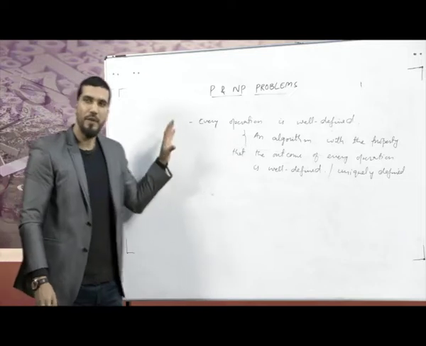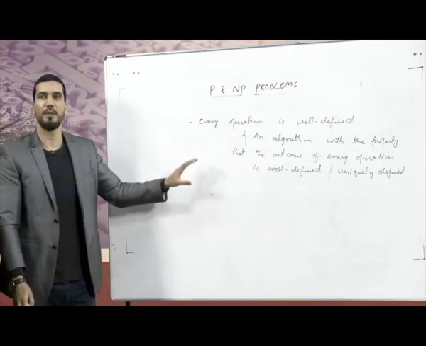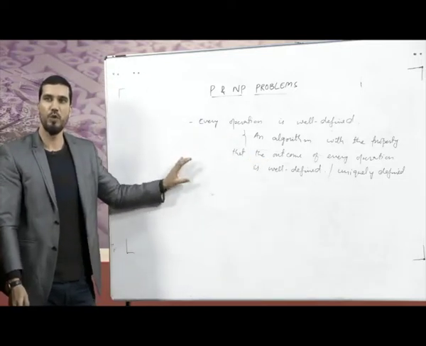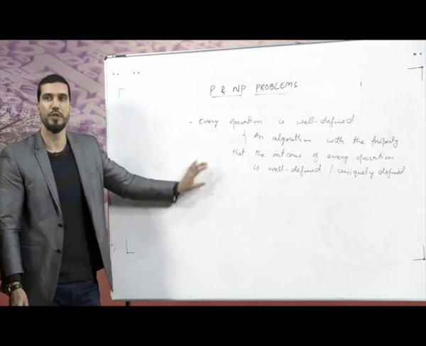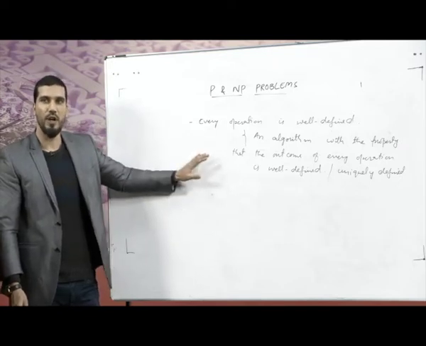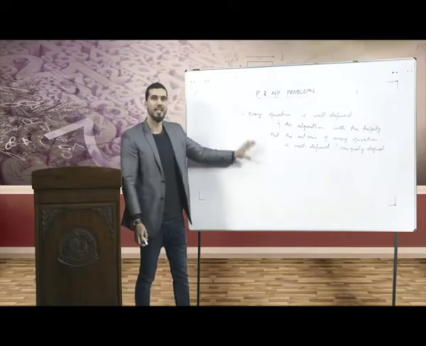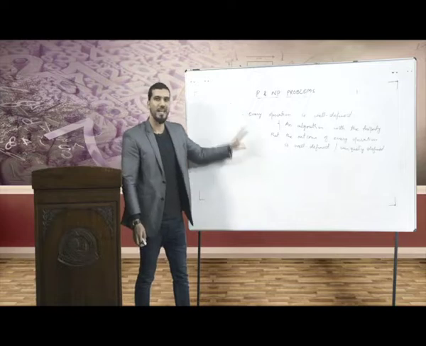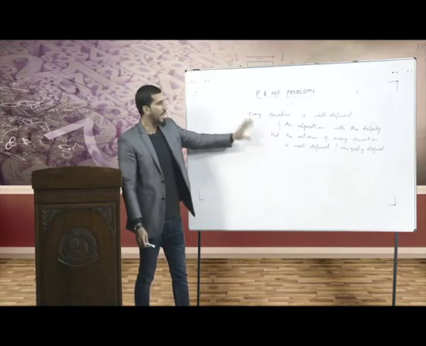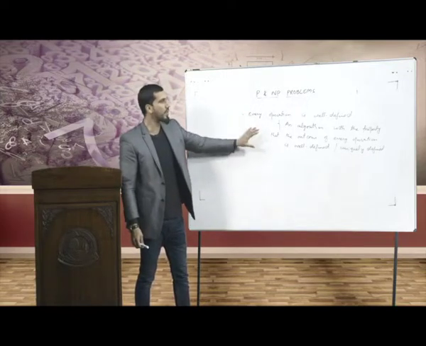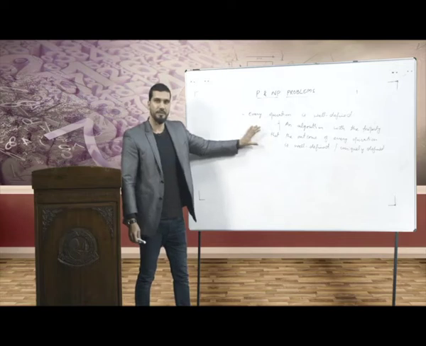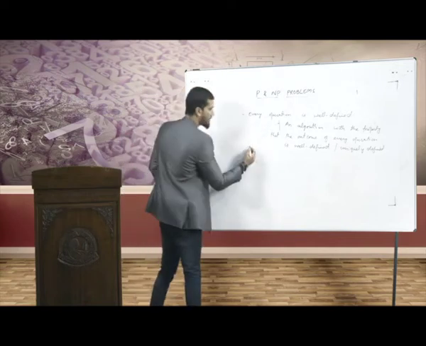So the outcome of every operation in the algorithm is uniquely defined. We know what the outcome of this operation is going to be. So till now, you may have dealt with algorithms that are essentially deterministic in nature. Now, what is non-deterministic?